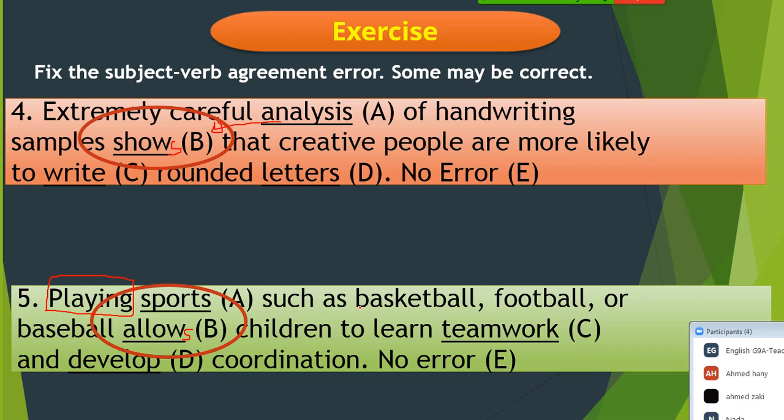Don't be distracted or deceived by these choices, basketball, football, or baseball, because these are examples. My main subject is here. Playing sports generally allows the children to learn teamwork and develop coordination. So "allow" here is a mistake, and it's the verb of the subject playing, the gerund, which is a singular one.